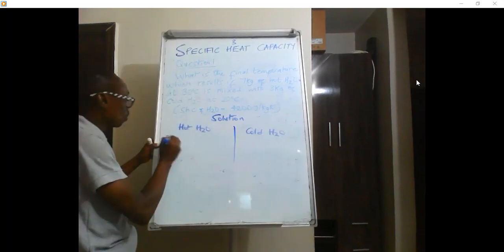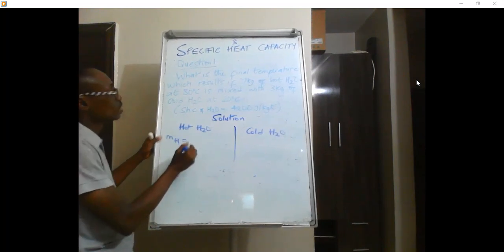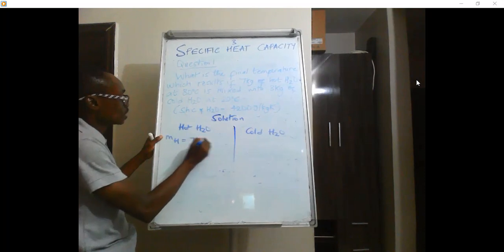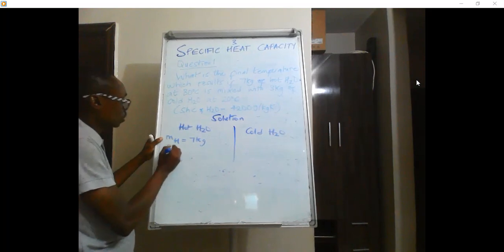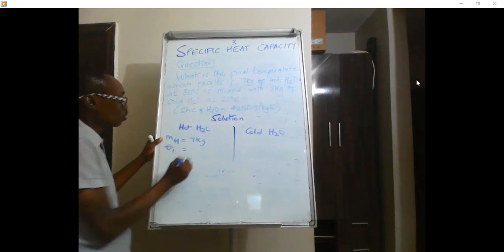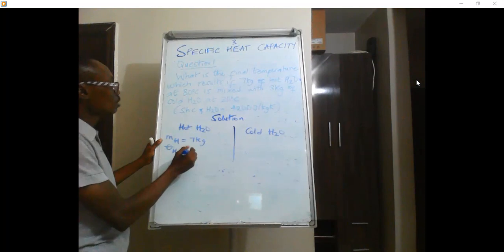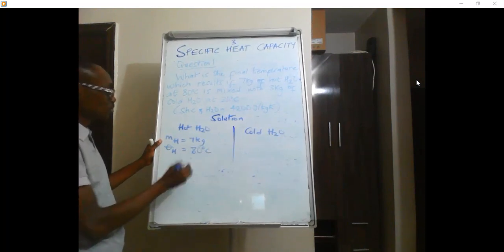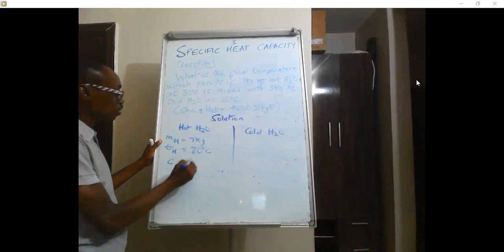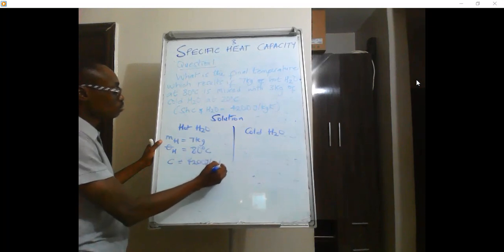The mass of hot water is 7 kg, and the temperature of the hot water is 80 degrees Celsius. The specific capacity is 4,200 joules per kilogram per Kelvin.